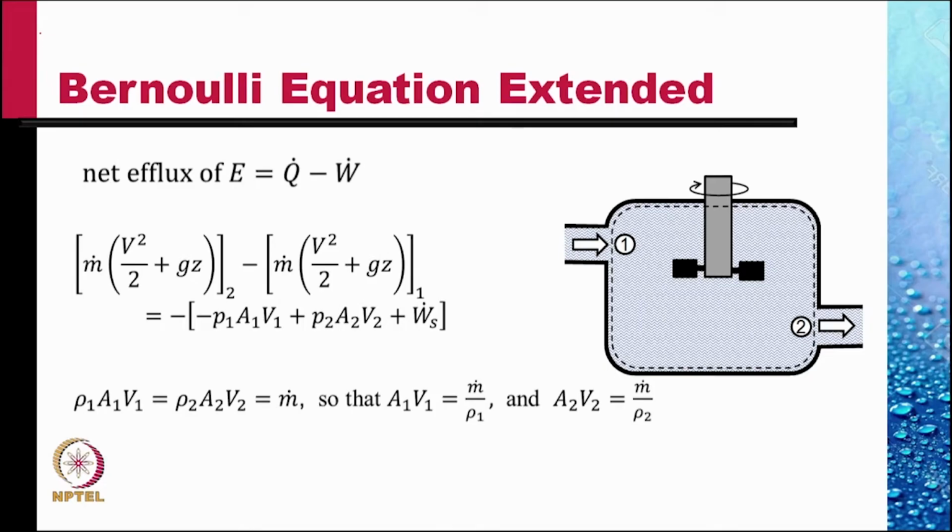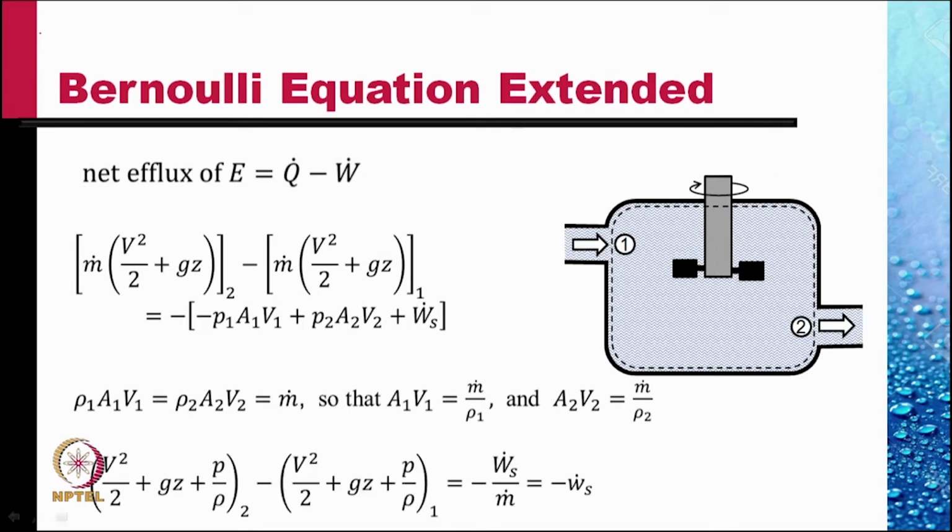And so A1 V1 is m dot divided by rho 1 and A2 V2 is m dot divided by rho 2.